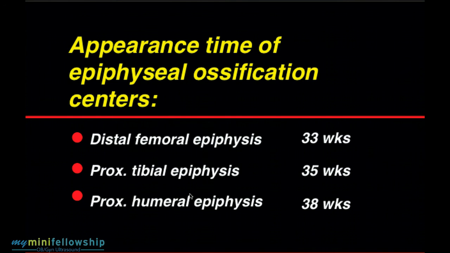Now, when we start to get out into later pregnancy in a patient where the dates are not good and things don't match up very well, I have found that looking for epiphyseal ossification centers is a very useful tool. I'm talking about identification of the distal femoral epiphyseal ossification center, which on average appears at around 33 weeks. Now, that is more definitive for a male fetus than for a female fetus because female fetuses mature more rapidly than male fetuses.